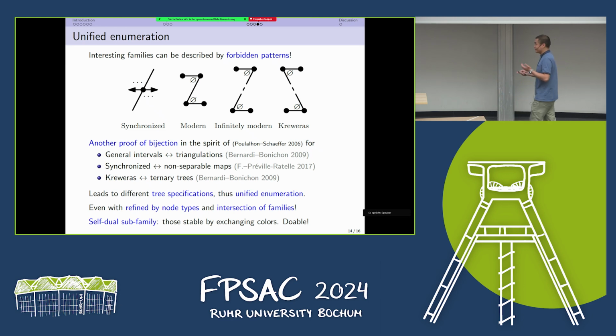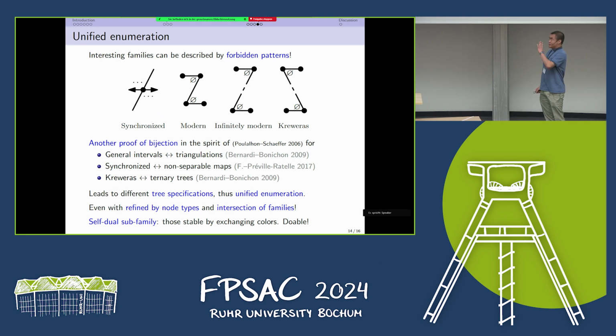Okay, so this is a forbidden pattern. And for infinitely modern, which is a further restriction, instead of only looking at an edge, it will be any path, and we do the same checking. For curvaceous intervals, it's also the same, except that it's the mirror. So instead of looking clockwise, we're going to look counterclockwise to check the conditions.